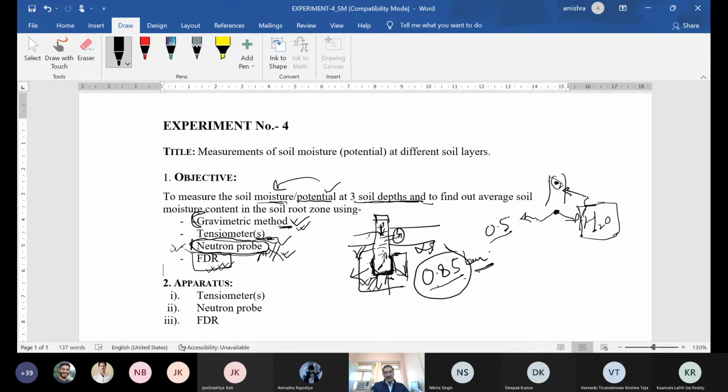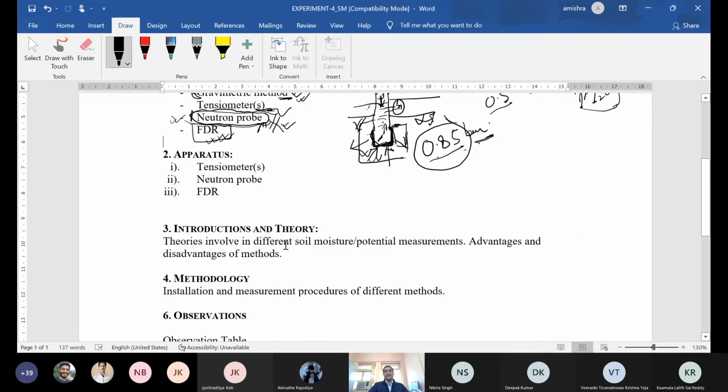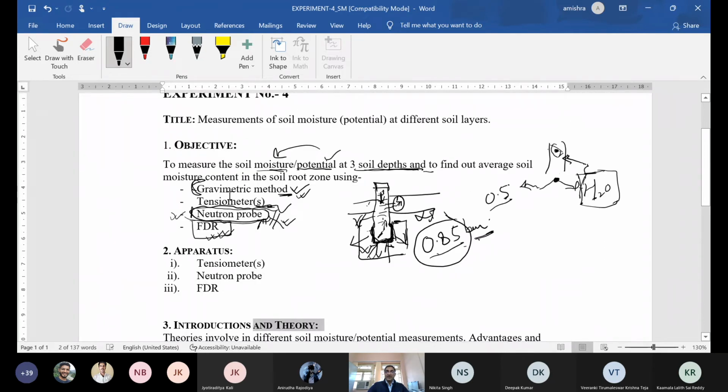Here I will be giving you just the observations. You need to write the theory of all these 4: how the gravimetric method works, how the tensiometer works, how the neutron probe works, how FDR works. If you want to write one more, TDR, time domain refractometry, it is not for your lab, but it is also very much in use.